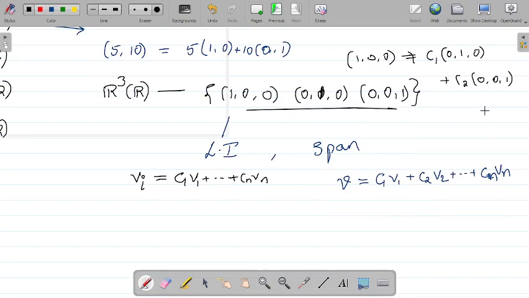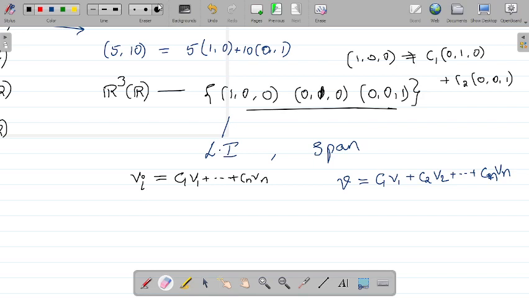So we say a set is a basis set if it is linearly independent and it spans the entire vector space. Linear independence is to make sure that we have just the minimum possible number. Let me write the basis sets for all these vector spaces so that you'll have a little idea.